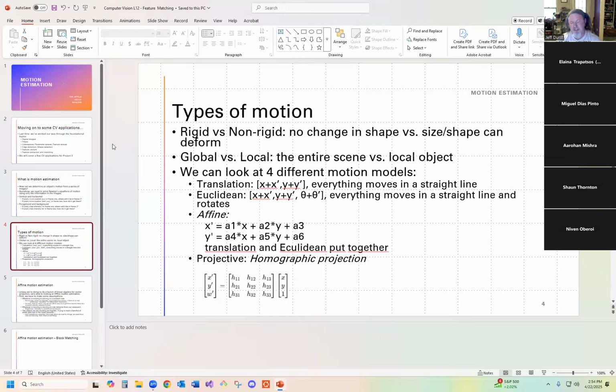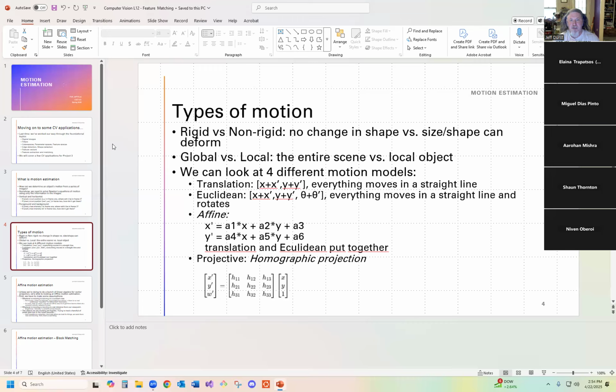So translational motion is really only good for tracking rigid objects. With Euclidean motion, you can do some dynamic stuff, assuming it's all rotational. So it's still moving in a straight line, it's just pointing different directions or moving in different directions as it goes.